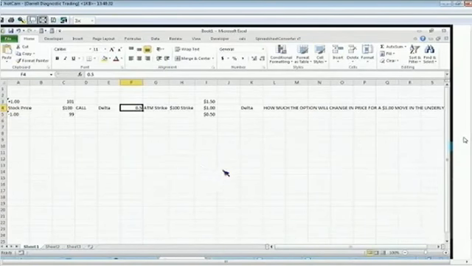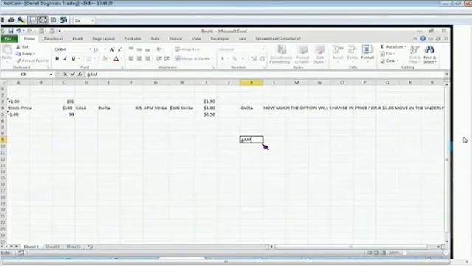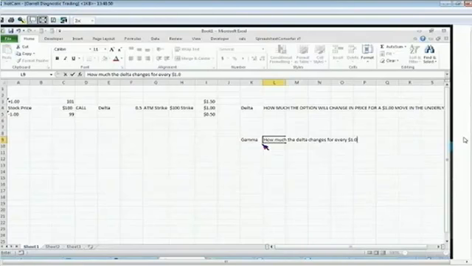So what you have next is what's called gamma. Okay? Gamma is how much the delta changes for every $1 move in the underlying.